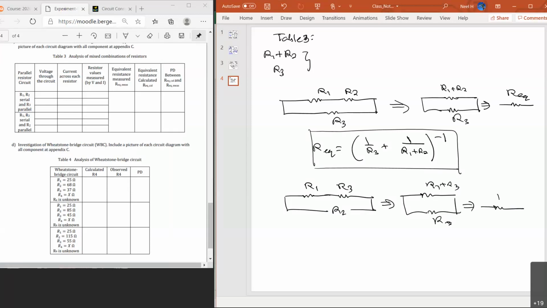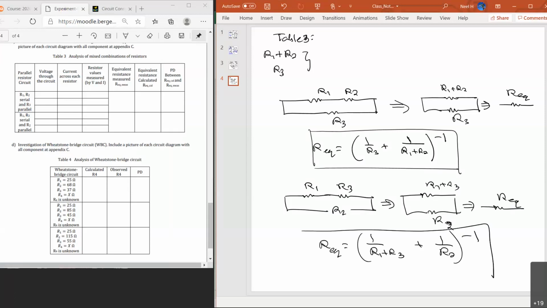Because of that, R equivalent is going to be (1 over (R1 plus R3) plus 1 over R2) to the negative power 1. Okay, this is for table number 3. Okay, good, any question so far? Everybody okay?